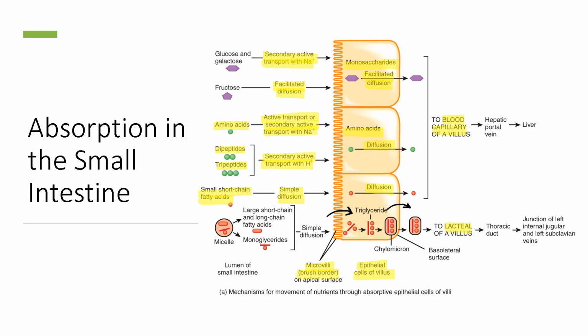How they do that is that the bile salts in intestinal chyme will surround the long fatty acid chains and they form spheres called micelles. So this is going to be a sphere of bile salts.